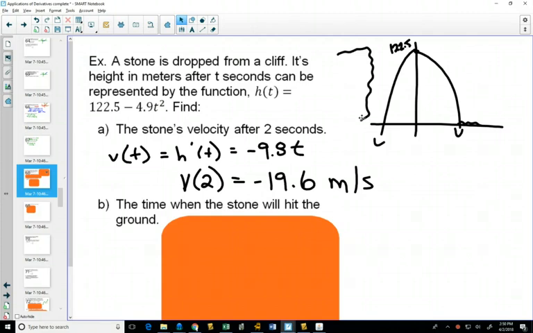Because every time you take a derivative, you're going to get that negative 9.8. And if we took the derivative again, because the derivative of velocity is acceleration, you're going to just get negative 9.8, which is acceleration. And so it's kind of interesting to see how that appears in an equation.